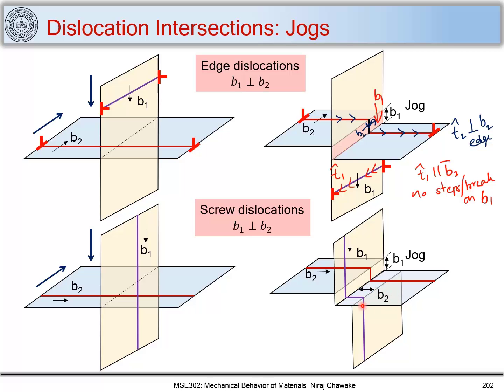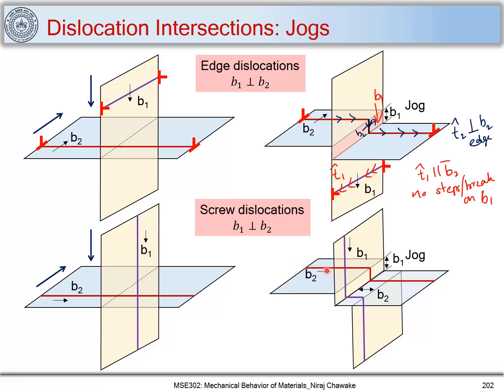And this is nothing but a jog. This is not the glide plane for this break, so it is a jog because the break is moving out of the glide plane. Thus you have jog formation when two screw dislocations having Burgers vectors perpendicular to each other intersect. Now let's find out what is the nature of these jogs.